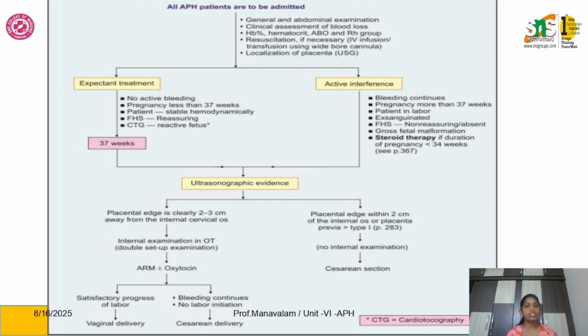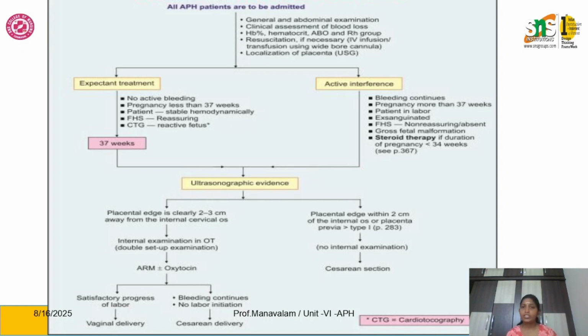In expectant treatment, the mother doesn't have active bleeding, the pregnancy is less than 37 weeks, the mother is hemodynamically stable, the fetal heart rate is reassuring by NST, and in CTG the fetus is reactive, so we can wait until 37 weeks of pregnancy. During this time, the mother is completely admitted in the hospital, and as a midwife we have to monitor her continuously and locate the placenta by using ultrasound.